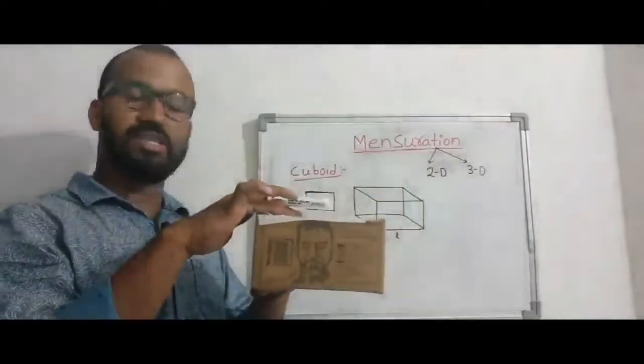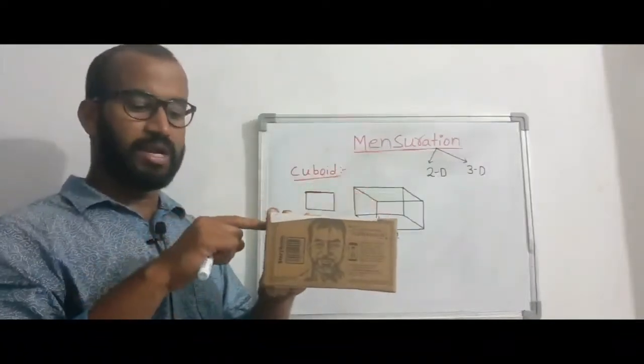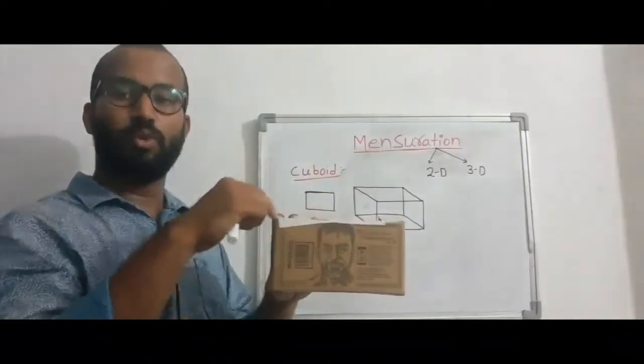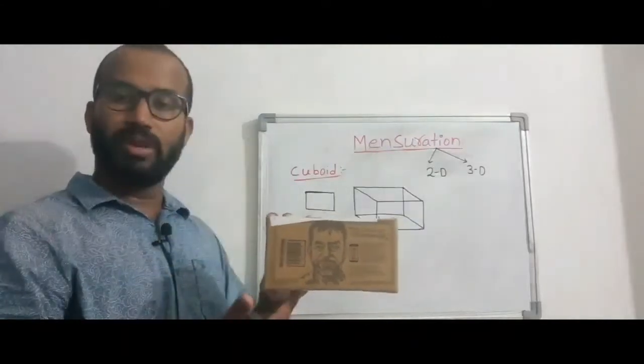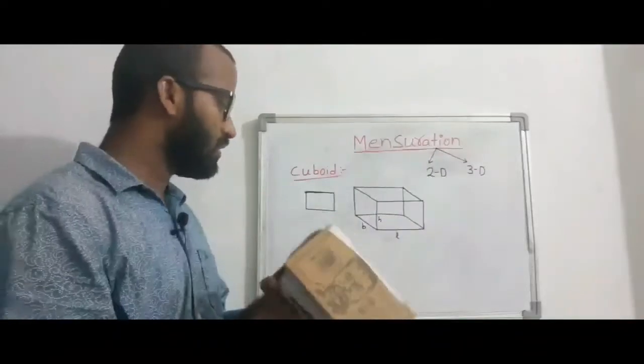Then there will be a top face also, right? What is the area of this top face? This is the length, this is the breadth. So L into B. The same L into B will be the bottom also. So 2LB. So what did we get?